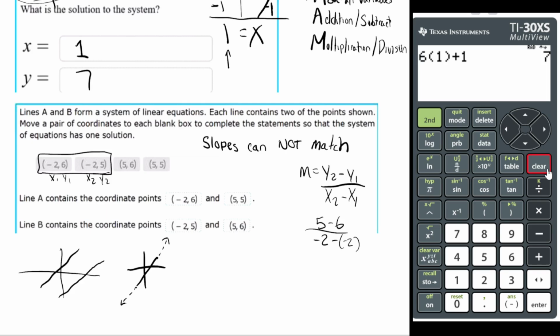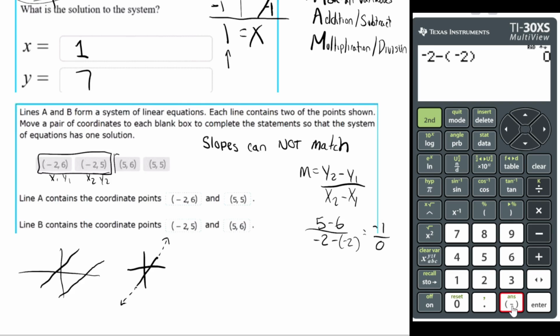And that would end up giving you 5 minus 6 equals negative 1, and negative 2 minus negative 2 would give you 0, which is already not a good start, but we can work with it.